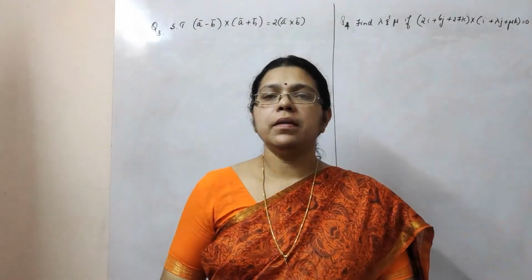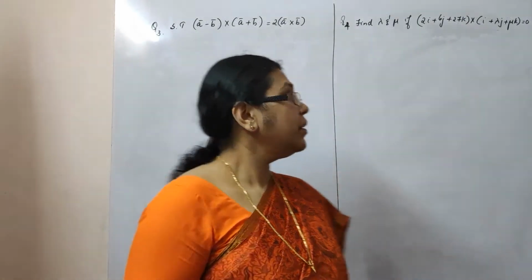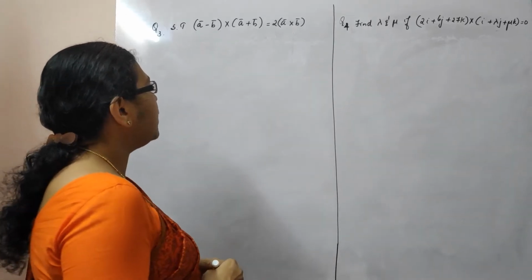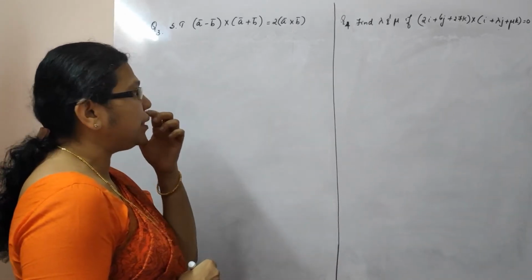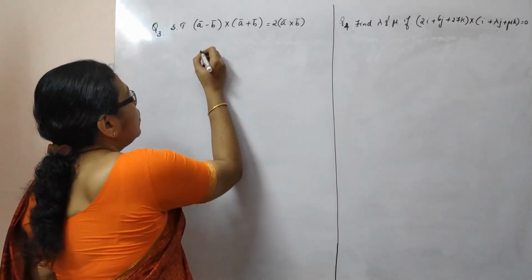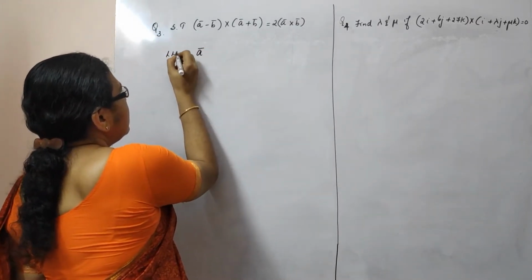Okay. Now let's come to the next question. We have here, show that vector A minus vector B cross vector A plus vector B is equal to 2 times vector A cross vector B. So let's take the LHS.